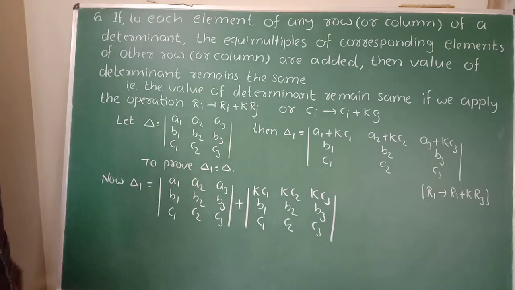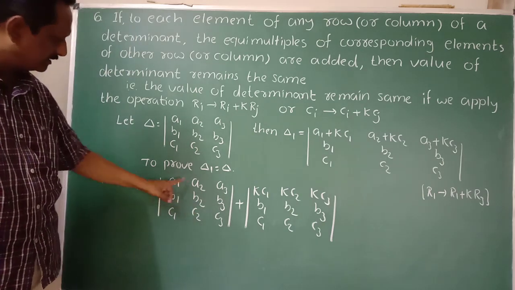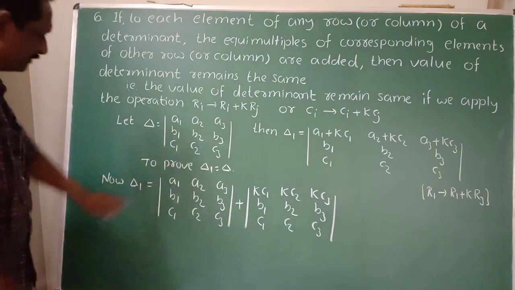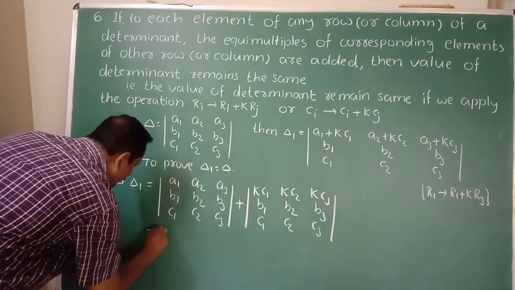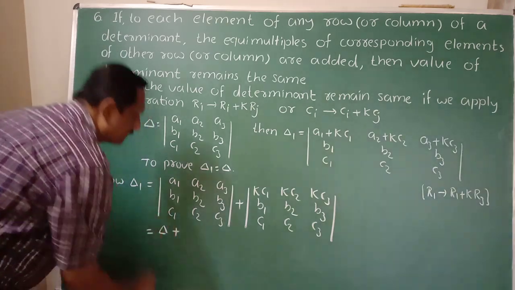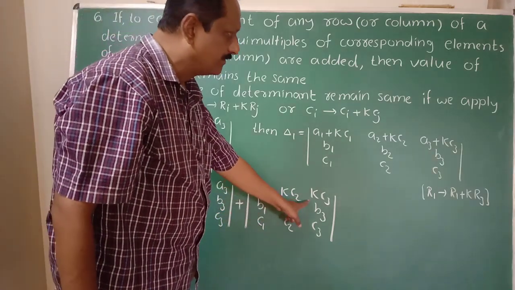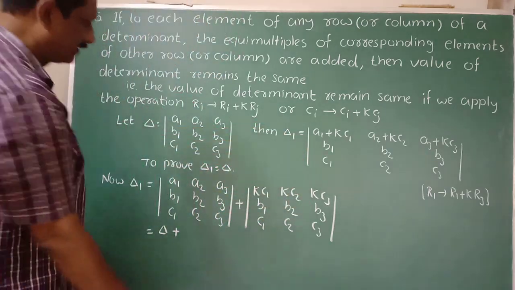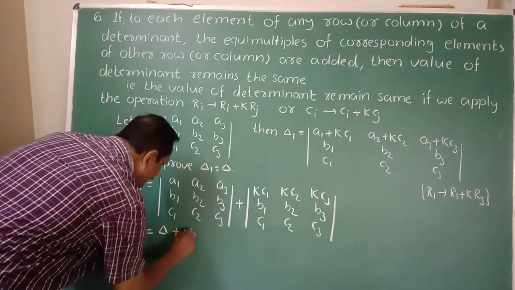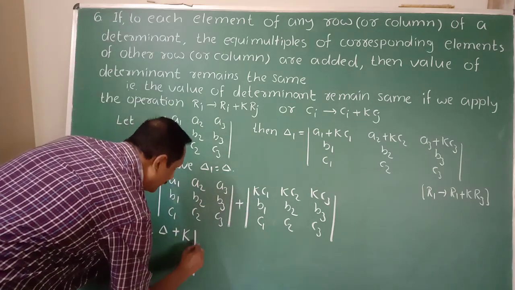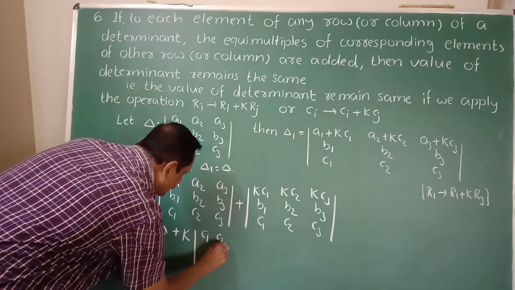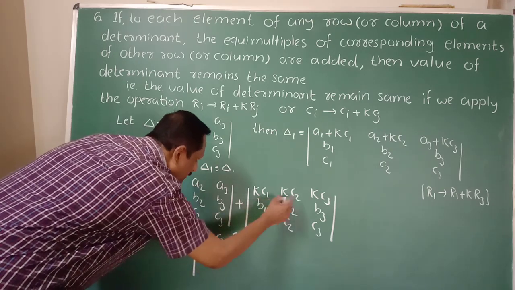And then this is what? This is delta. Therefore replace it by delta. Therefore delta plus, from the first row you can take k as a common factor from the fourth property. Take k as a common factor. Keep k outside, determinant of C1, C2, C3, then B1, B2, B3, then C1, C2, C3.